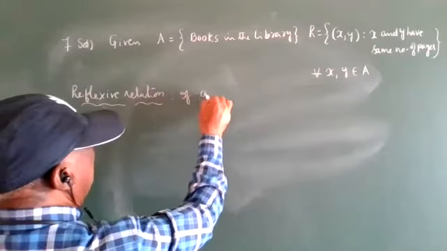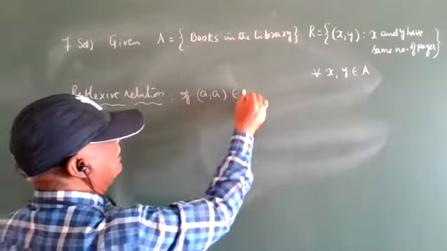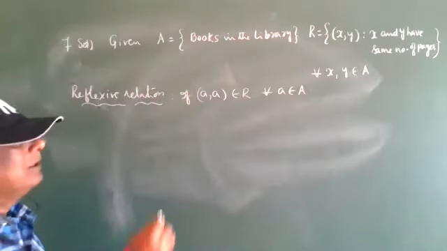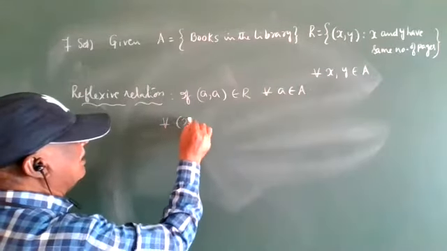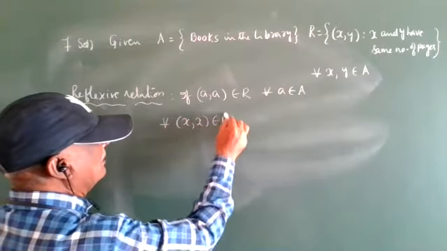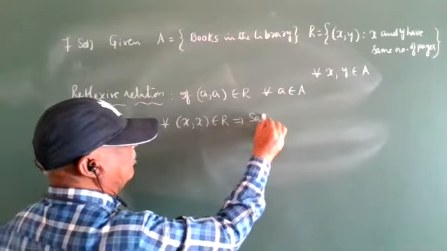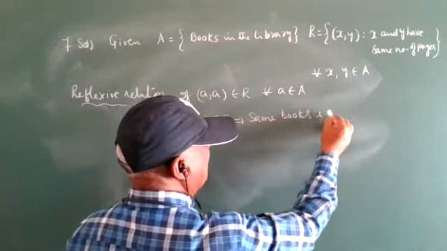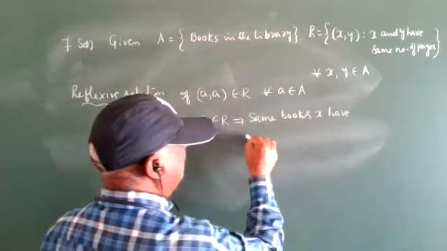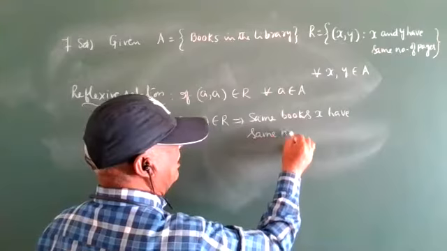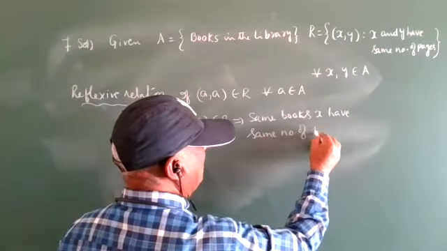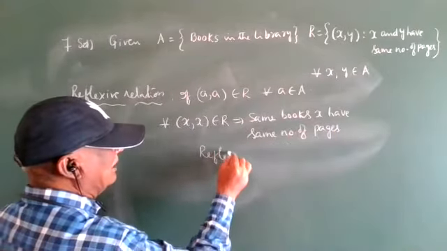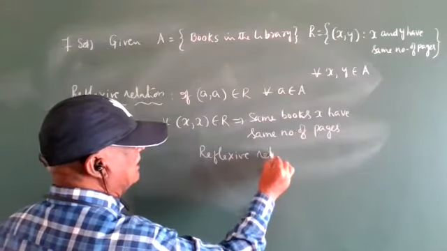If (a, a) belongs to R for all a belonging to A. So for all x, (x, x) belongs to R, that implies the same books x have the same number of pages. Therefore, reflexive relation.